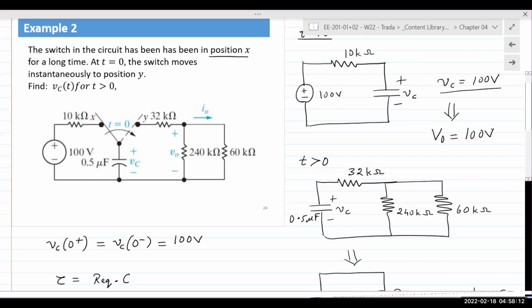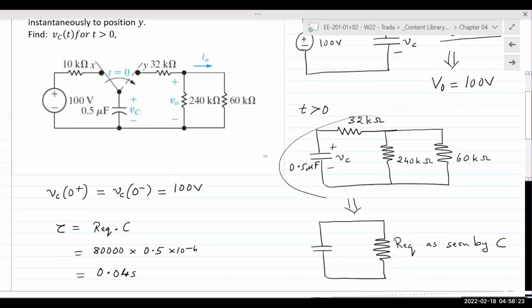Now at time t equal to 0, the switch is flipped to position Y. When it's flipped to position Y, the circuit changes and we now have 3 resistors connected to that capacitor, similar to the previous example 1. There is no source in the circuit, so it is a natural response problem, a discharging problem.